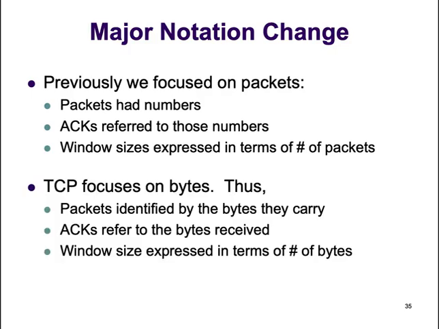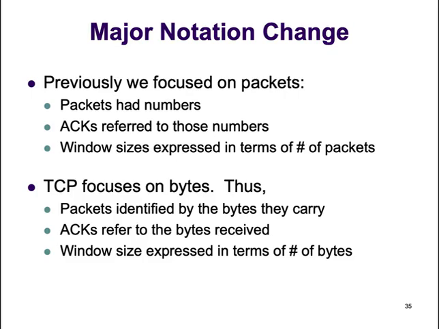The thing to really internalize is that TCP doesn't think about packet numbers. TCP just thinks in terms of bytes and that byte stream. And so a packet is identified by the bytes that it carries, where they belong in that byte stream. So a sequence number is, I am byte 158 in the byte stream. And an acknowledgement says, I received all bytes up to 259, as an example.